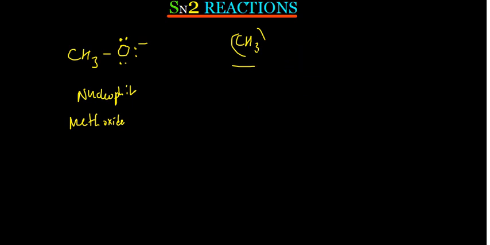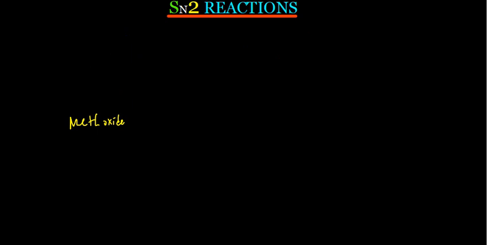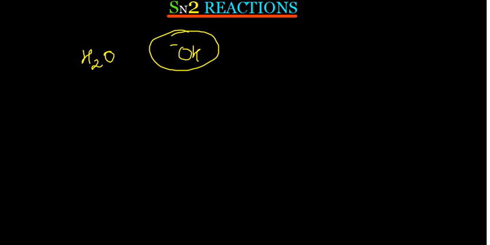Another thing that you need to note is that nucleophilicity is going to increase with increase in negative charge. That is when you are comparing water and a hydroxide. A hydroxide is a stronger nucleophile than water because a hydroxide has got a negative charge, unlike water. Now you also can compare electronegativities.